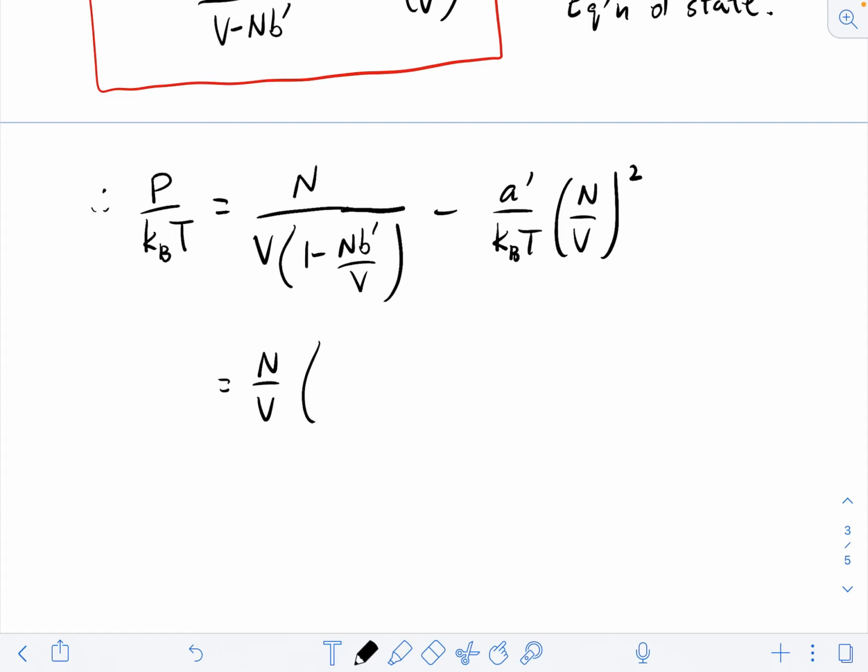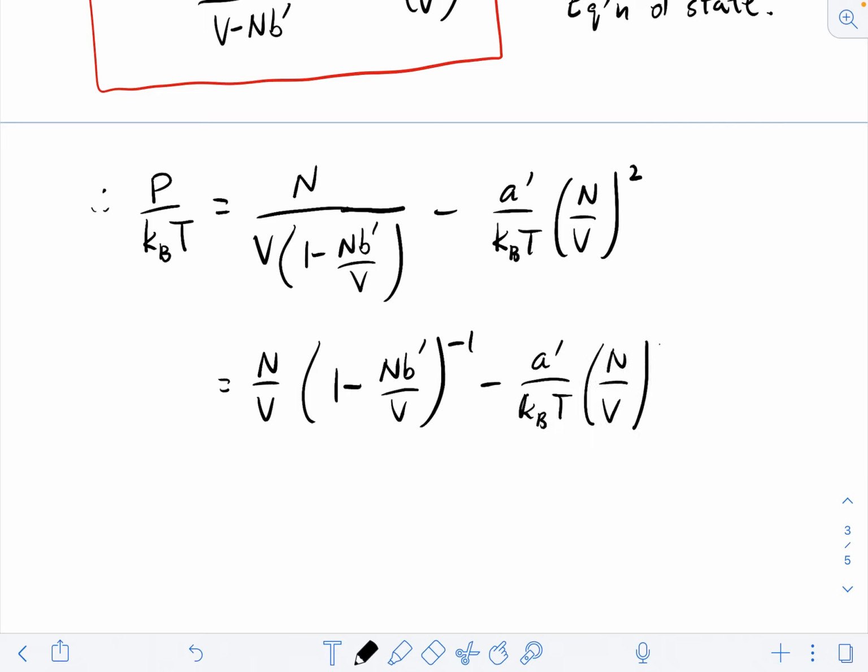Okay, so this is n over V, 1 minus nb' V to the minus 1, minus a' over kBT, n over V squared.